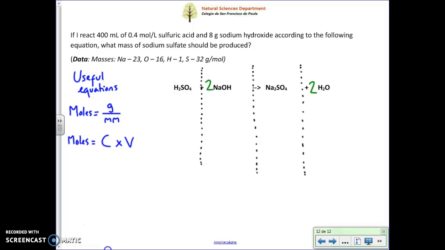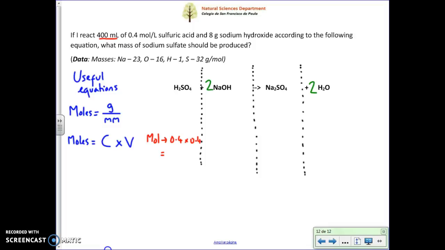Let's work out the moles down here somewhere. Moles of sulfuric acid. I need to do the concentration, which is 0.4, multiplied by volume. What's the volume in litres? Exactly, I've got 400 millilitres, which actually is 0.4 litres.